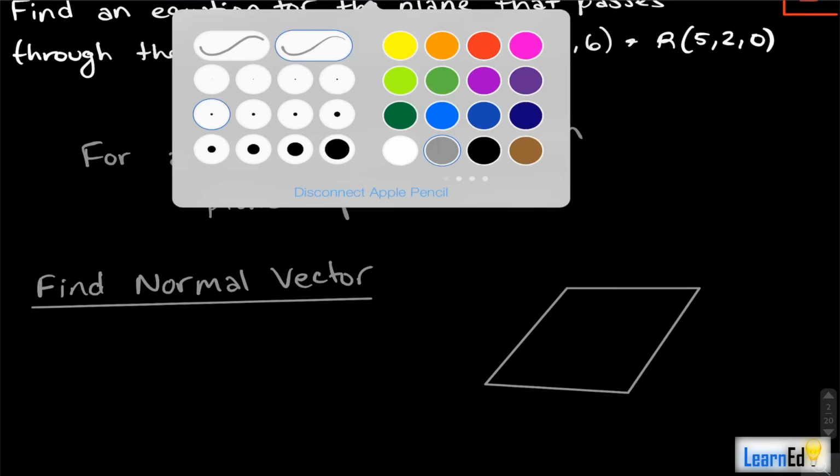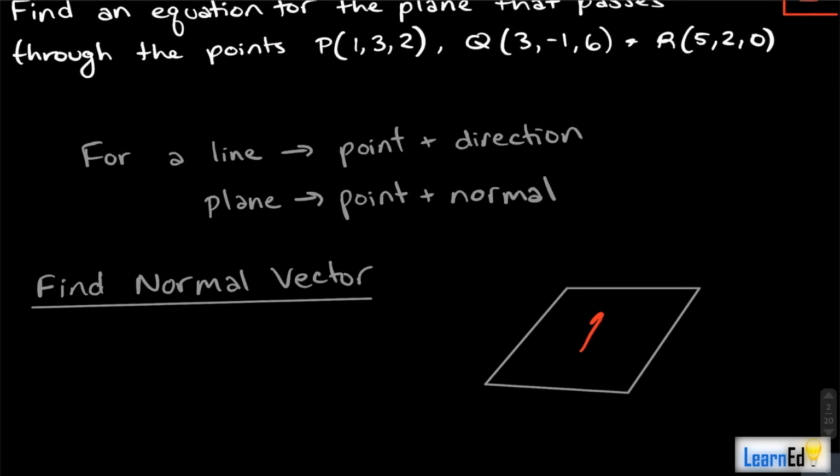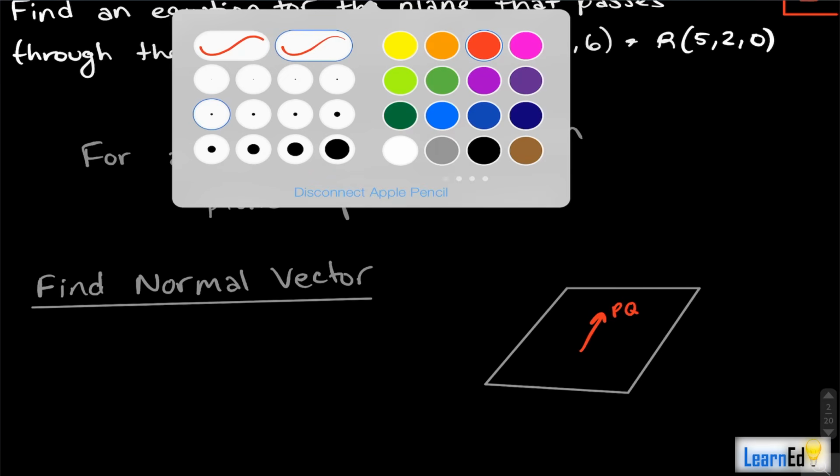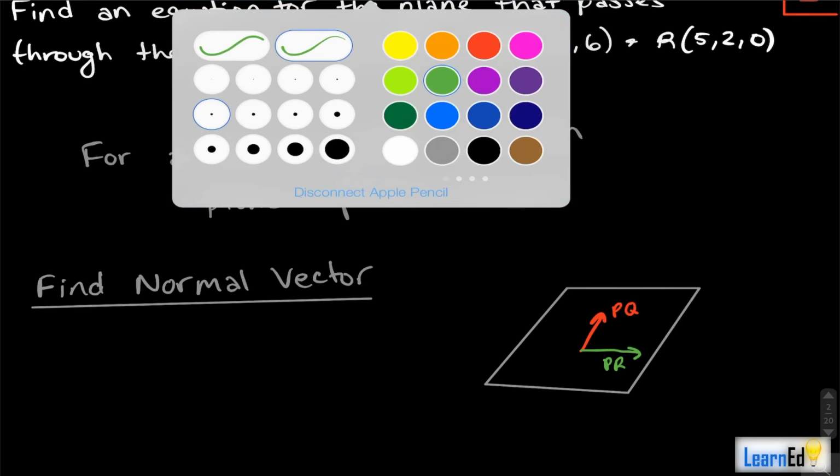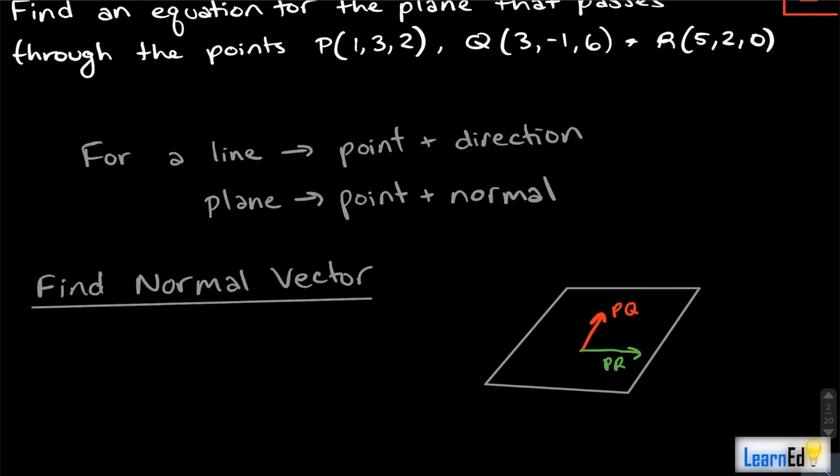Let's say we find vector PQ, and we find vector PR. Well, what we can do is take the cross product of these 2 vectors and get a vector that is normal to both these vectors, so it's normal to the plane. All right, so that's what we're going to attempt to do here.